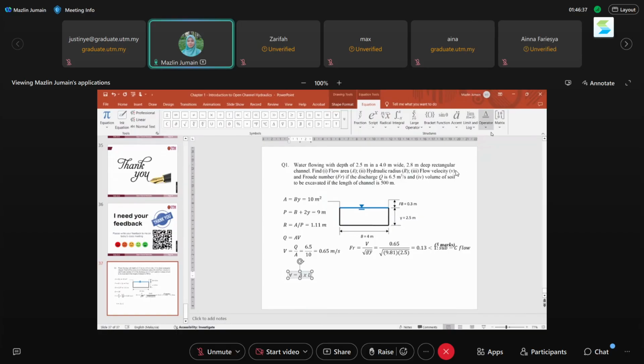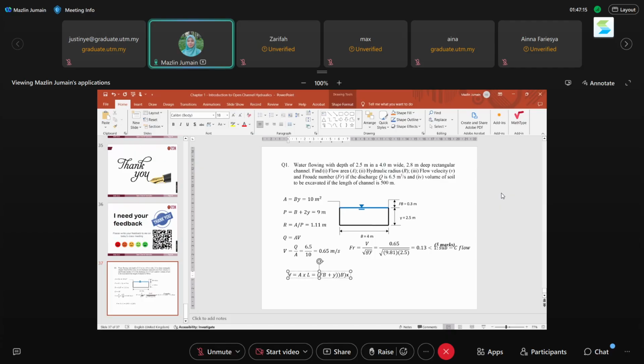And then to get the area, you have to consider freeboard because it is excavating the whole channel cross section area. So you cannot just consider the flow depth only. So this one, the equation is FB plus Y then times with the B. And then you multiply by the length.